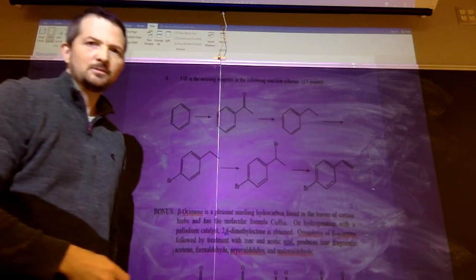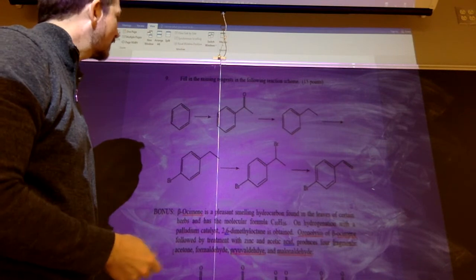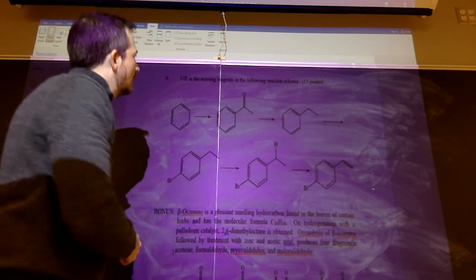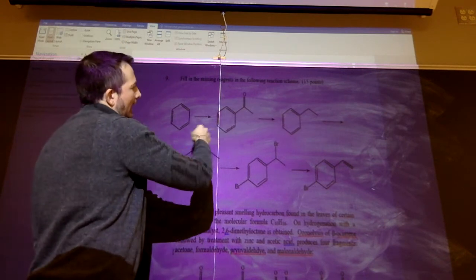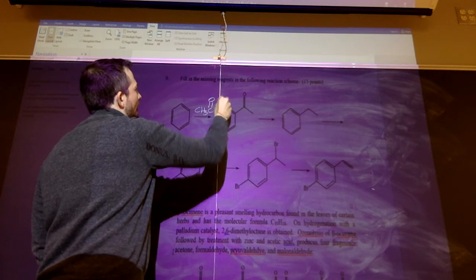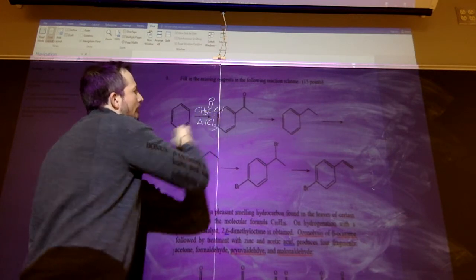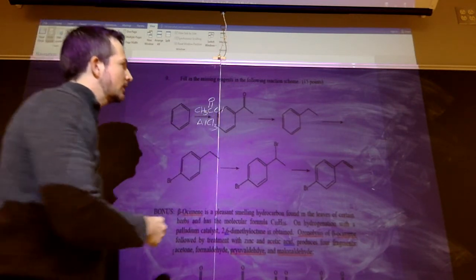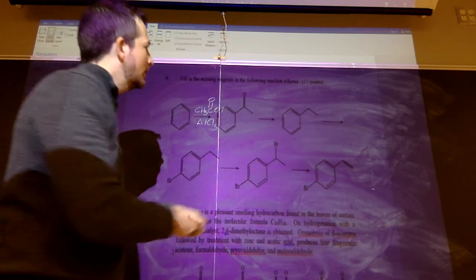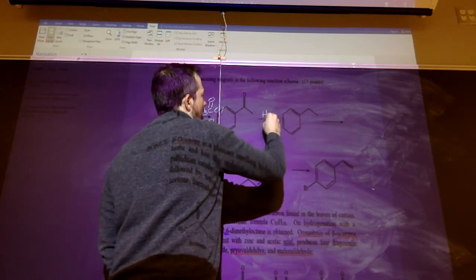Next one was I think a similar problem to the other one we worked in class. And so I do Friedel-Crafts acylation. Add the C double bond O CH3. You get rid of the carbonyl, so I'm going to just use a hydrogenation there.